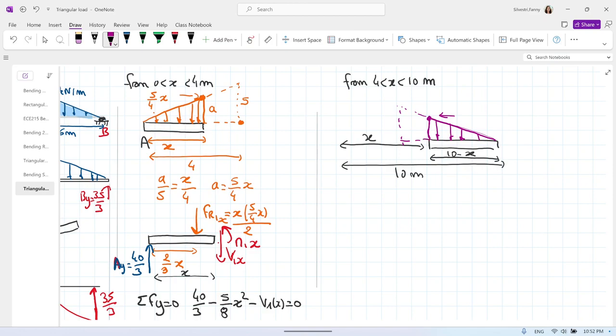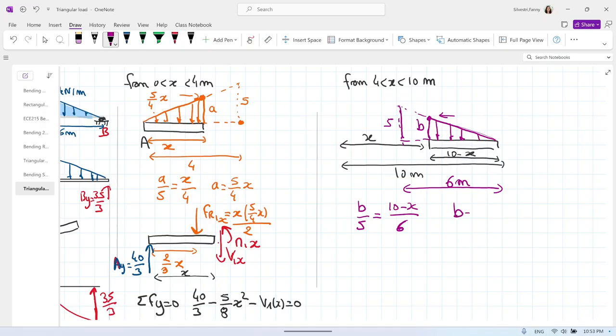So this length in purple was 6 meters, and the maximum force was 5. What we try to find is the B dimension. So we have similar triangle rules: B divided by 5 equals 10 minus x divided by 6.